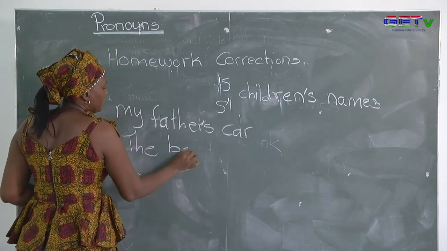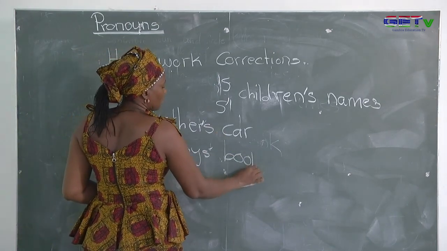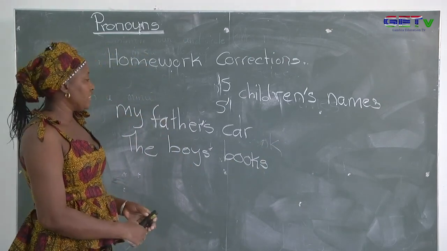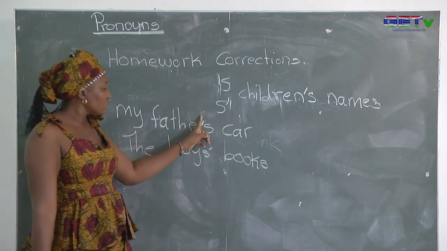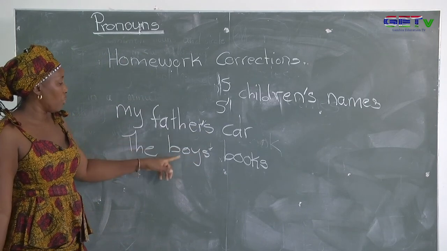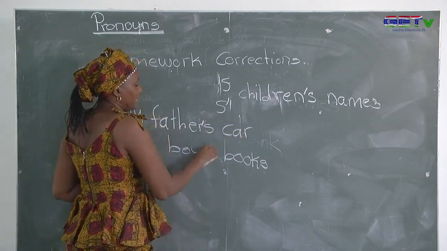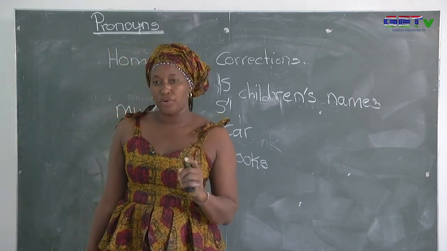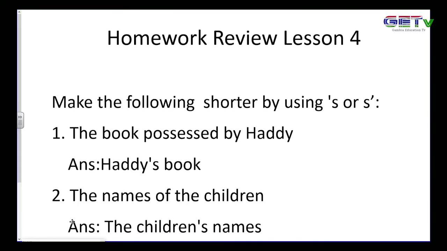The boys' books. Now we see the difference. Here, this noun possession is apostrophe S. But this one is in plural form, therefore the apostrophe comes after the S. And that is for your last lesson on noun possession.